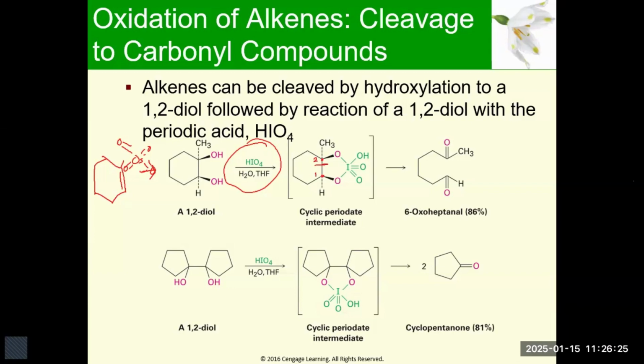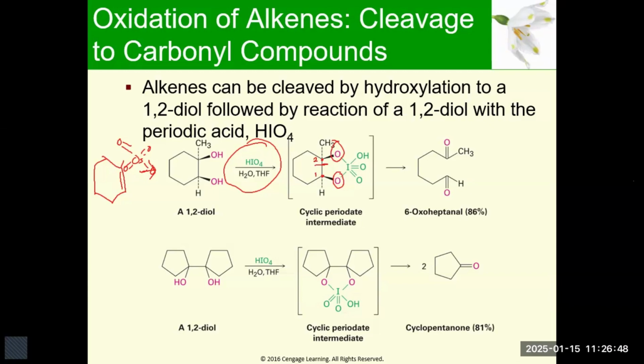And when those cleave, those carbons are going to have carbonyl groups on them when they're getting their oxygens from the reagent. Okay? But ultimately, it does cleave.